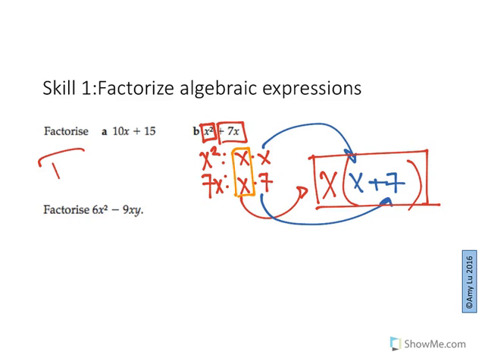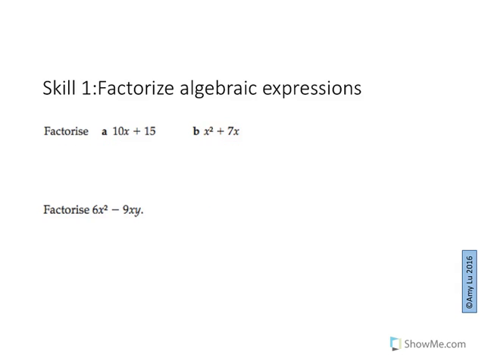So why don't you go ahead and pause and try out this last one. All right. So you have 6x squared minus 9xy. 6x squared breaks apart into 3 times 2 times x.